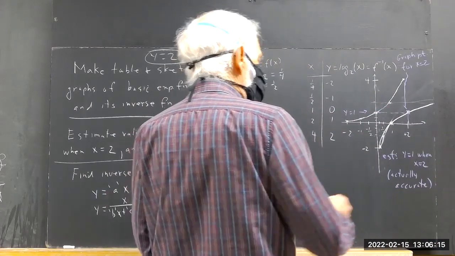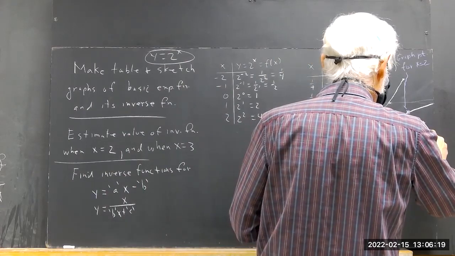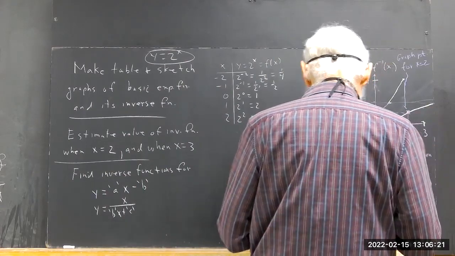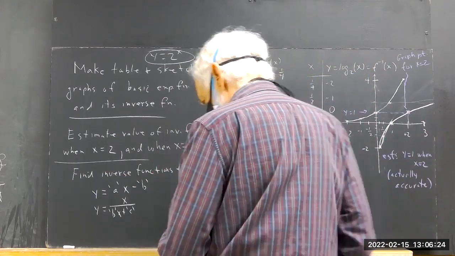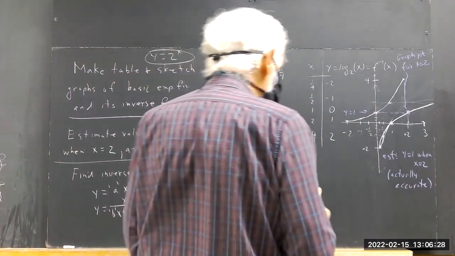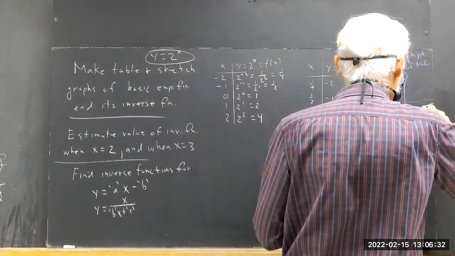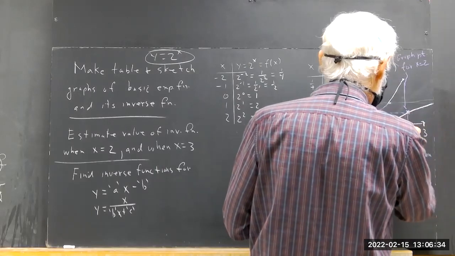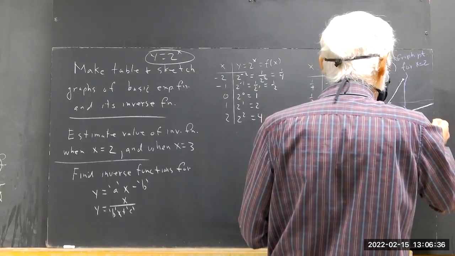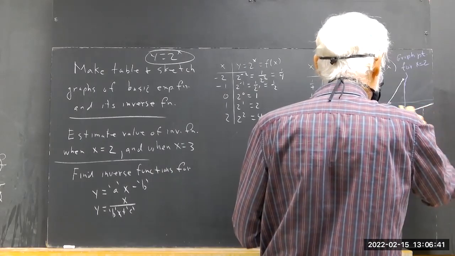Okay, now if x equals 3, well, if 1's here and 2's here, then 3 is about here. We can make that estimate. I'll use a different color. Green doesn't go great with purple, but at least it contrasts with it. And my 3 should maybe be over a little bit more, but it's a hand-drawn graph, so just go with what I got.